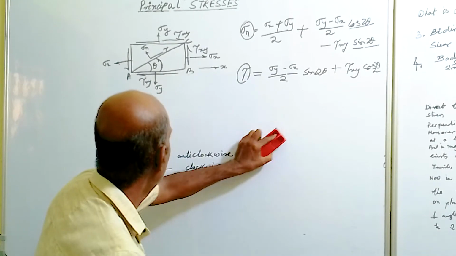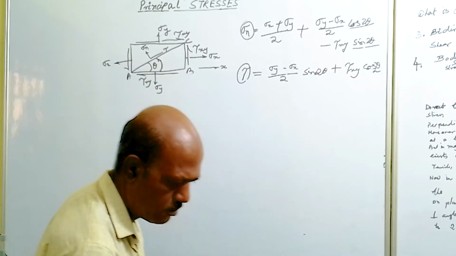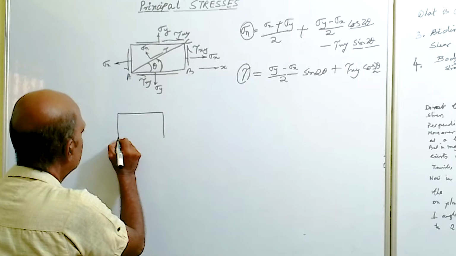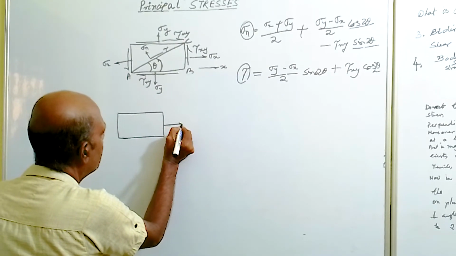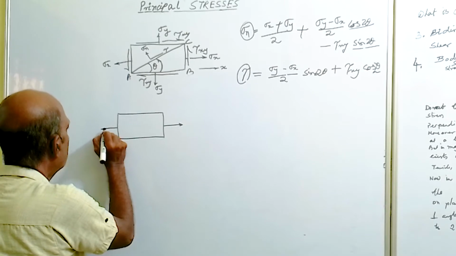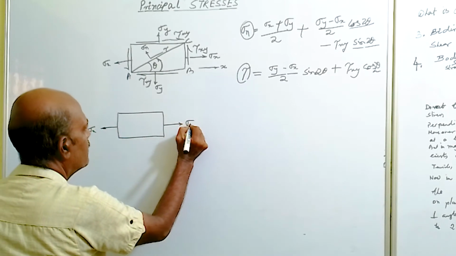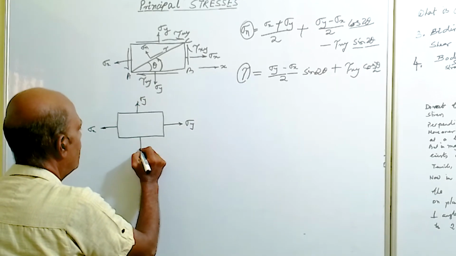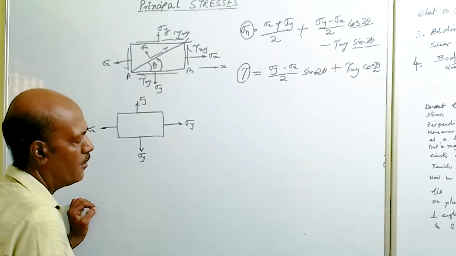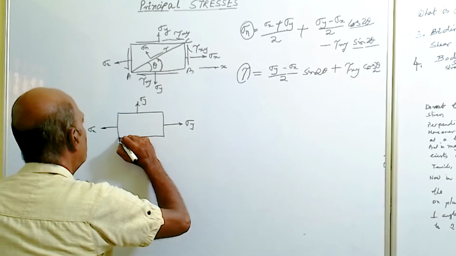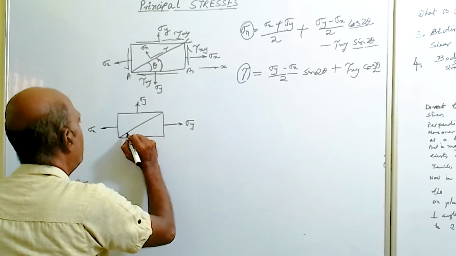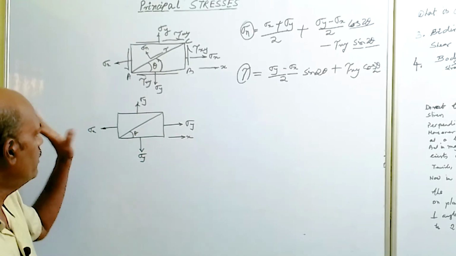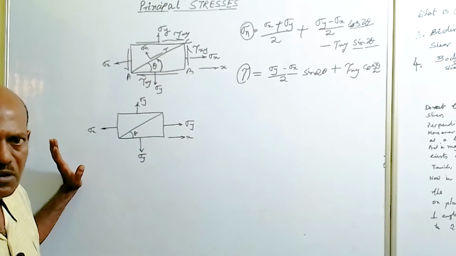Let the first case or second case. Let the body be under stresses. The body is under sigma x stress along x direction, the body is under sigma y stress along y direction, and shear stress is 0, and the inclined plane makes an angle theta with x direction. So this is the case, we have to find the formula for this case.